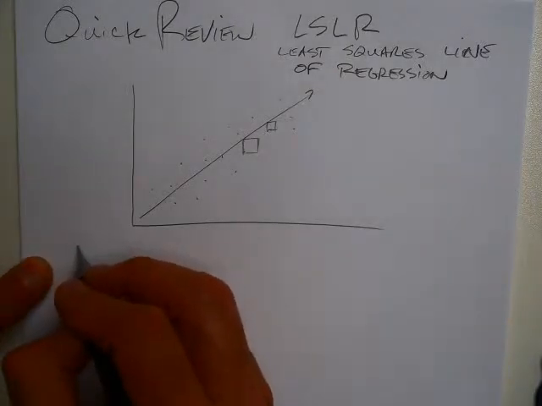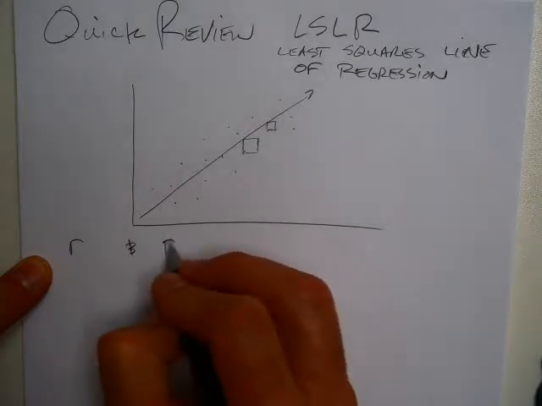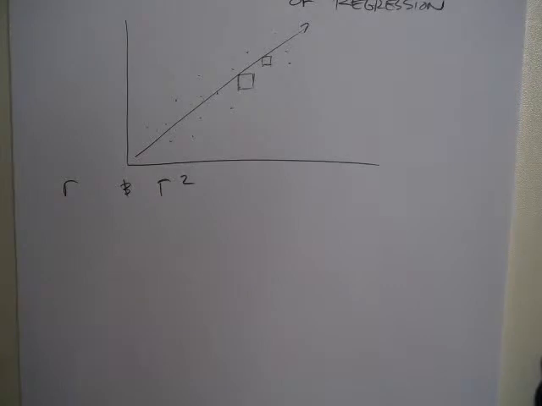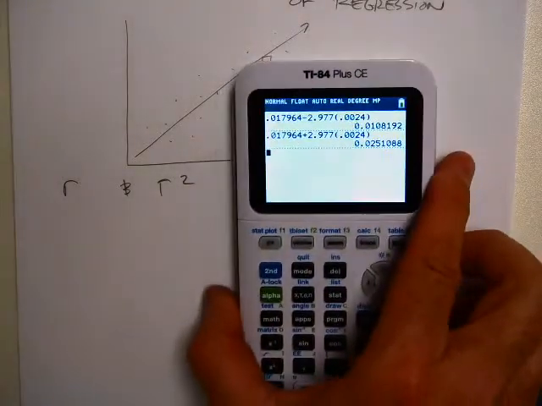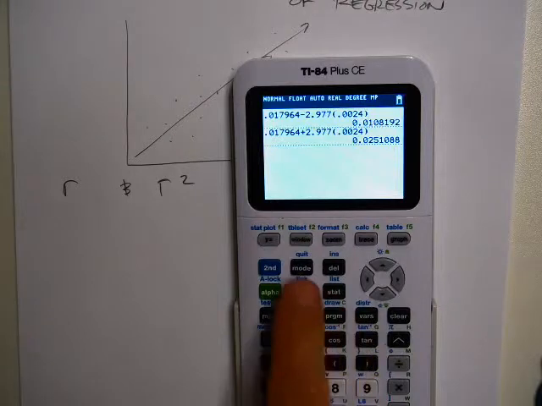Now, r and r squared are a couple of the things that we get from that calculation. If you're planning on using one of my calculators for the test, and I should have plenty, I'll probably have to borrow some from other teachers, which is totally fine. But you will not get an r squared and r value if your mode is not correct.